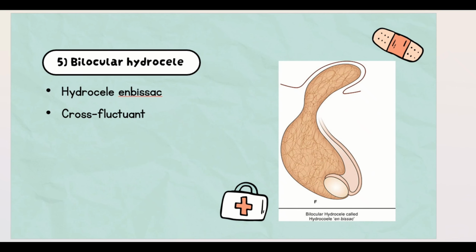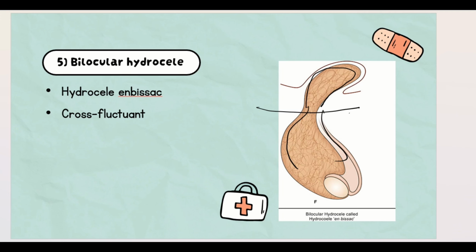Another variety of hydrocele is bilocular hydrocele. So bilocular hydrocele means there are two communicating swellings. One above the neck of the scrotum, one below the neck of the scrotum. So these two are communicating. And how to identify this kind of swelling? These are cross-fluctuant swellings.